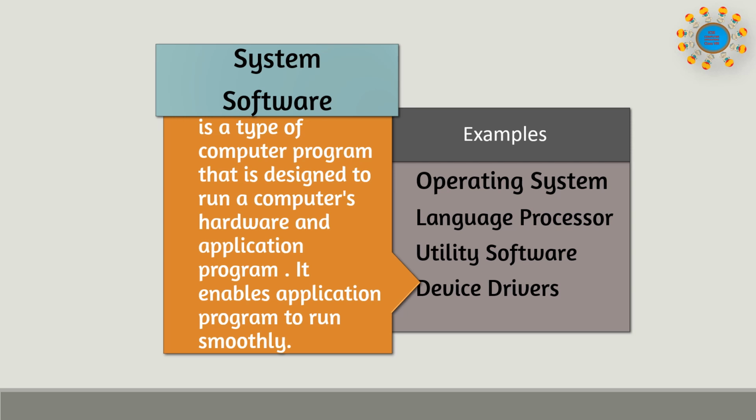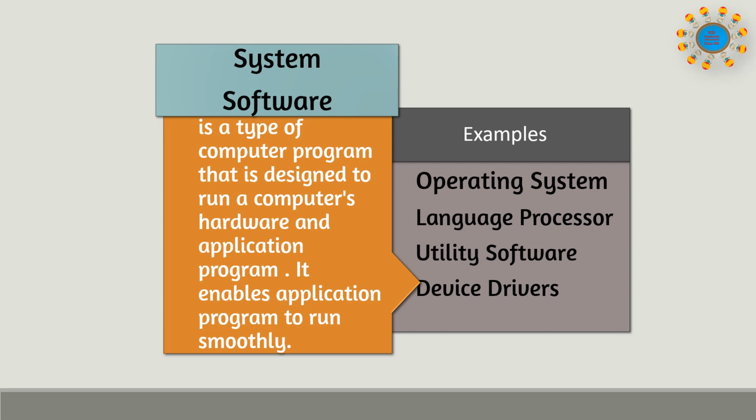Without the operating system and without the system software, the computer will not be able to work properly even if all the hardware and other application programs are there. So system software must be there for the smooth running of the computer, and it enables the application program to run smoothly.